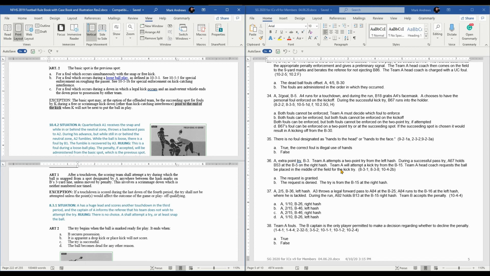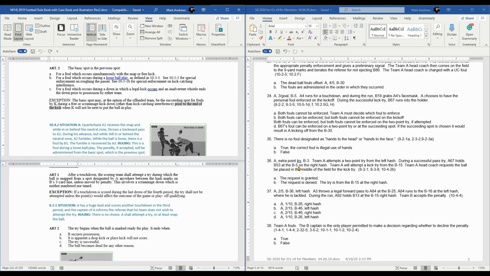So what we've got here is a successful try, a 2-point try, but a foul by A, right? So that negates the successful try. After the enforcement of the foul, which would be from the B5. So this is a loose ball play.